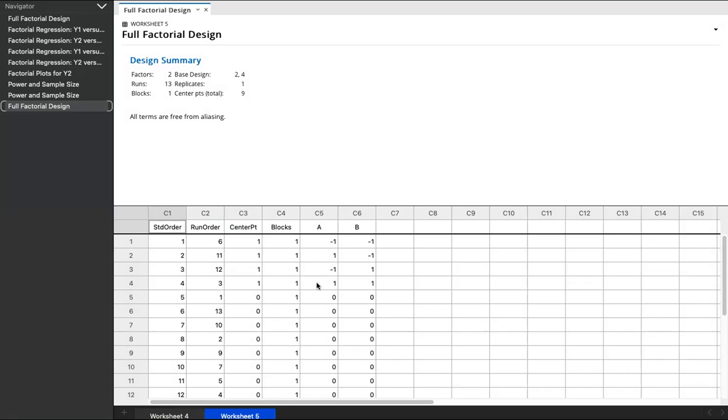And now we need to manually change one of these factors or values. Let me see. Okay, this is positive.